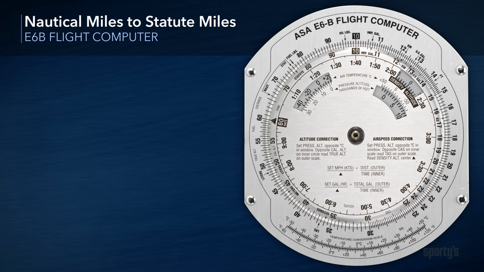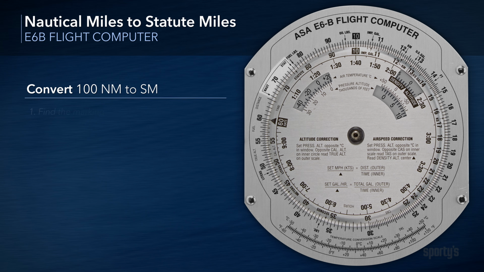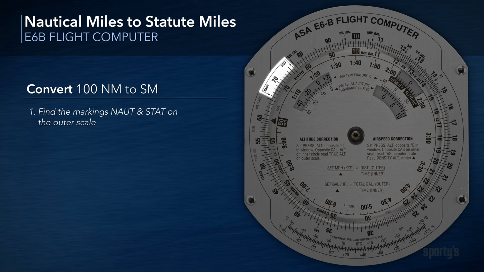Next, we'll look at how to do a series of conversions using the slide rule. To convert nautical miles to statute miles, first find the markings labeled naut and stat near the number 70 on the outer scale. For this example, we'll start with a distance of 100 nautical miles, and we need to determine the equivalent in statute miles.